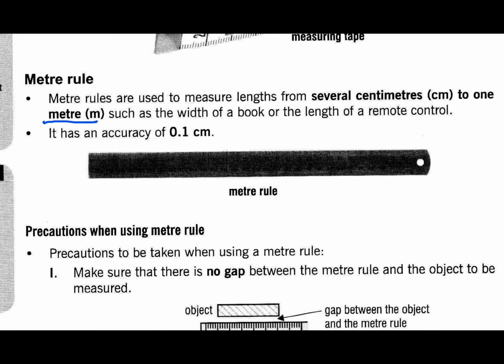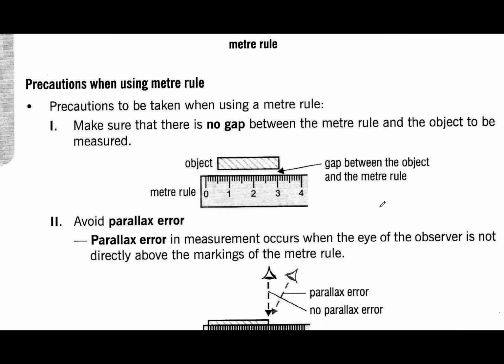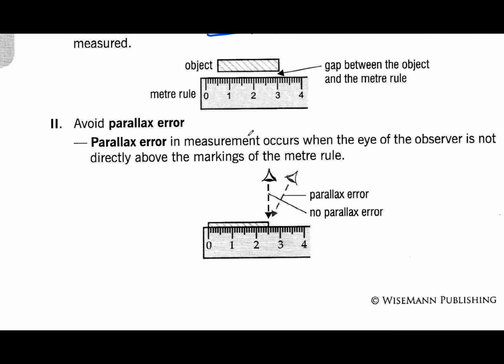The meter ruler is a meter long and it is used to measure straight objects to a precision of 0.1 centimeters. There are some precautions when using a meter ruler. First, you have to ensure that no gap exists between the object and the ruler. Secondly, you have to ensure there is no parallax error.